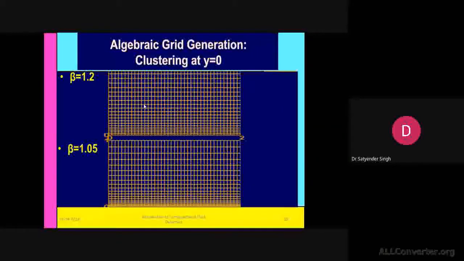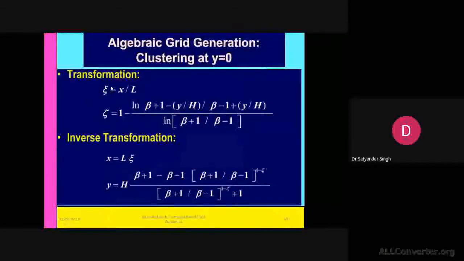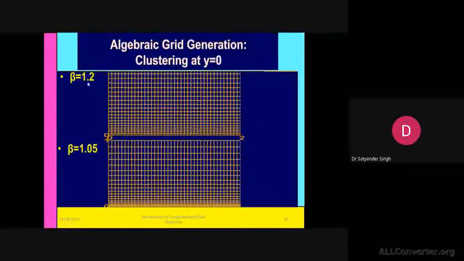For that, the information of your x or y coordinate is required, and then beta is used as a function, whose value will change the grid accordingly. Let's say in a particular domain you have a 30 by 30 mesh, meaning 30 nodes in the x direction and 30 nodes in the y direction, then beta will create a cluster of that.